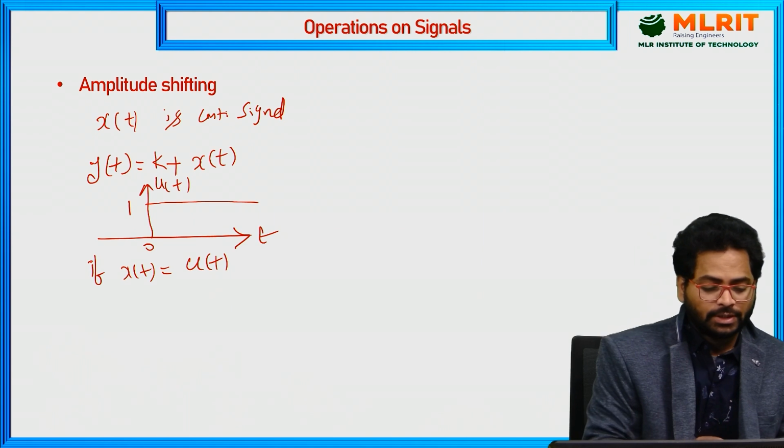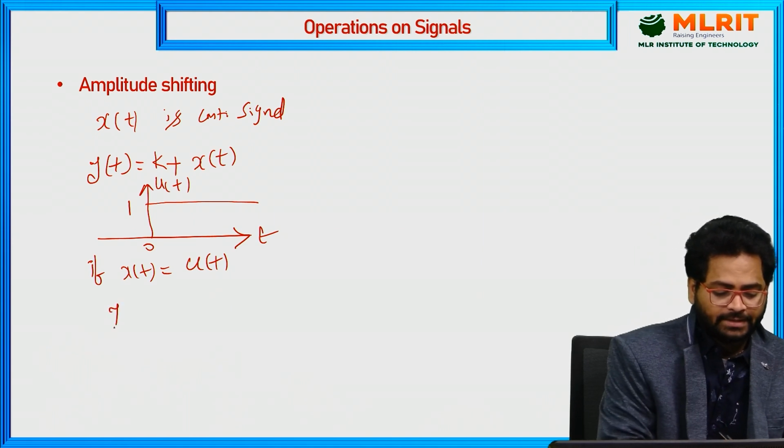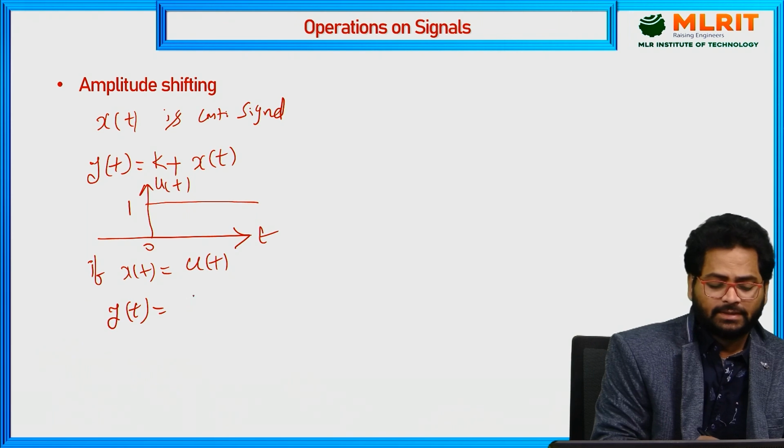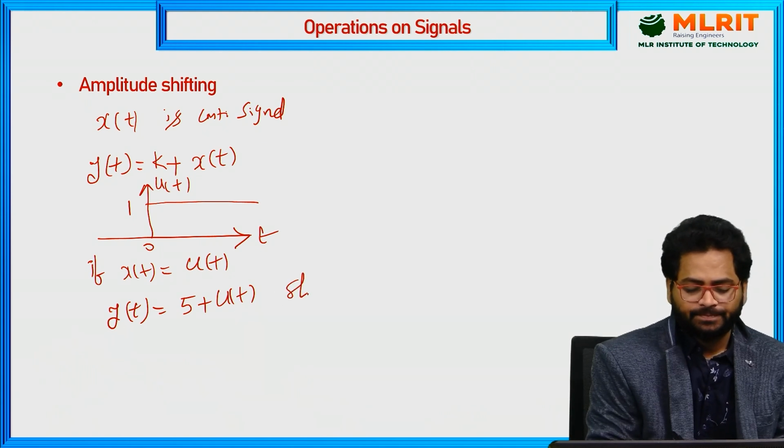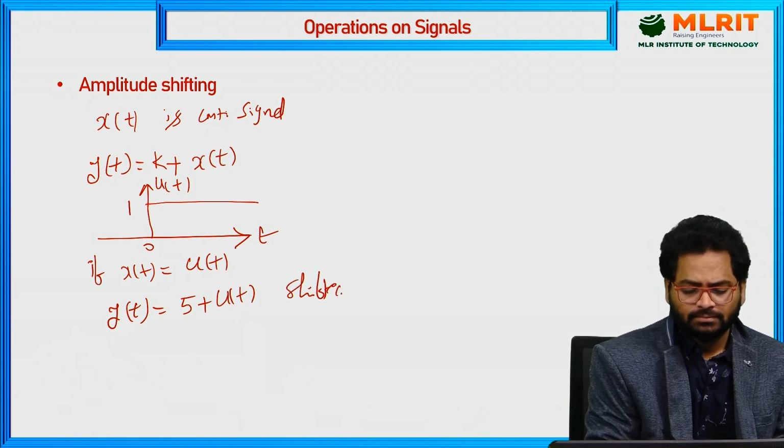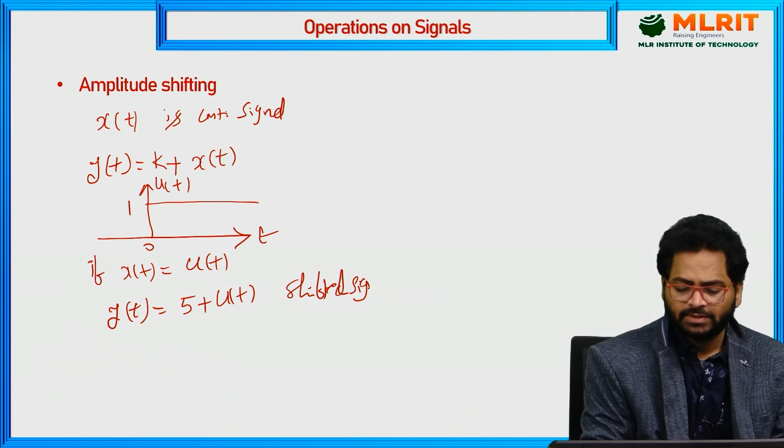So what is the location it is going to be shifted? Let us write y of t equals some constant, let us take k equals 5, plus x of t, that is u of t. So this is the shifted signal.